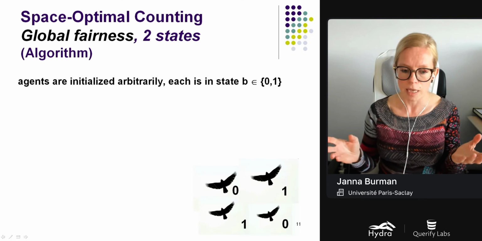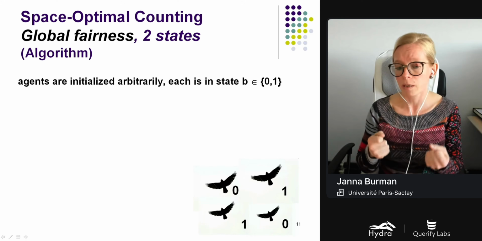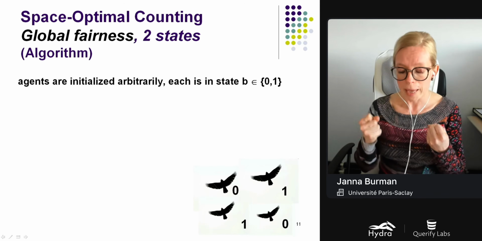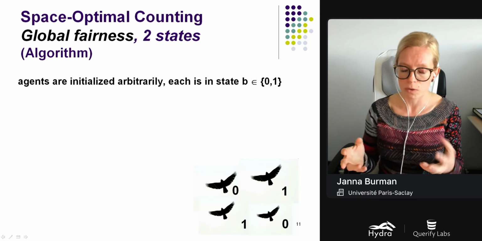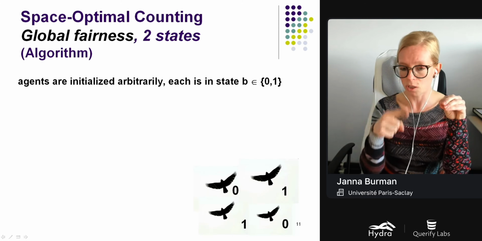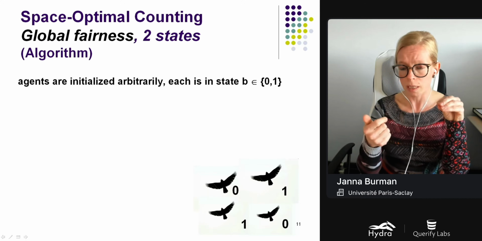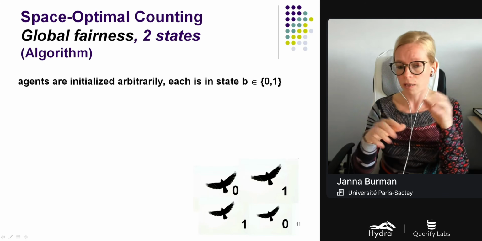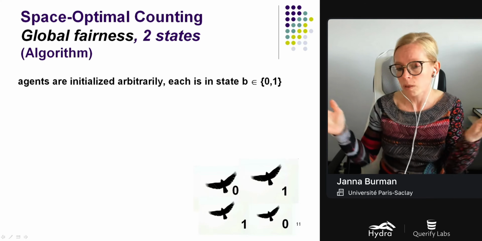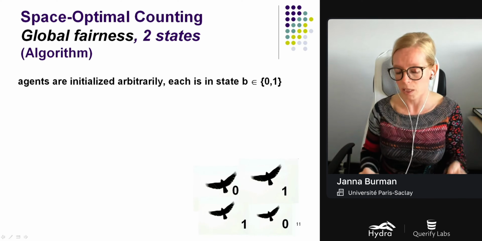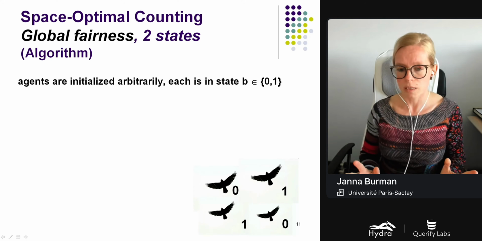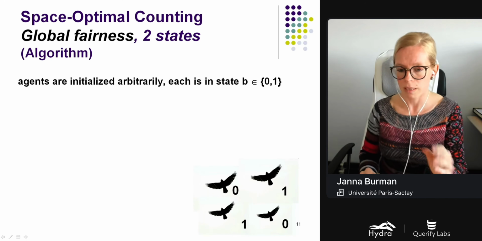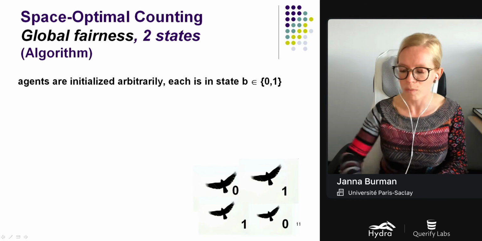Because if we could make them all start from 0, it's easy to count: the base station just meets every agent, moves its state to 1 and increments the counter. When all of them move to 1, we know the base station got the correct count. So it's easy with initialization, but this is more complex.